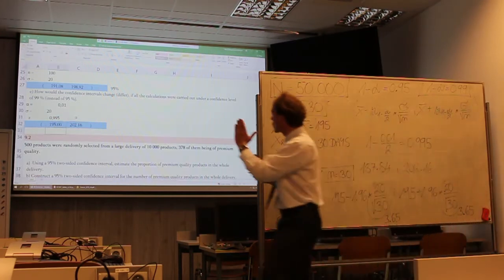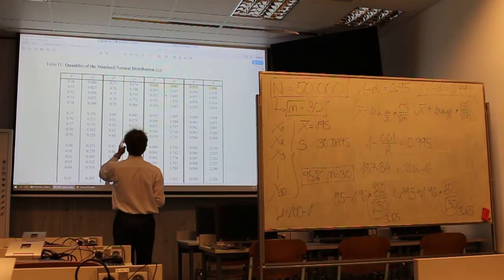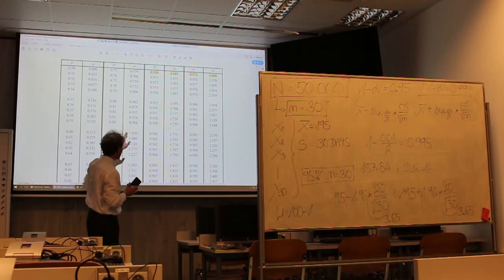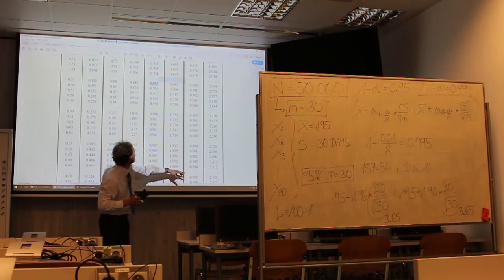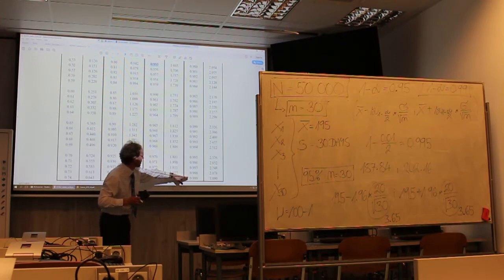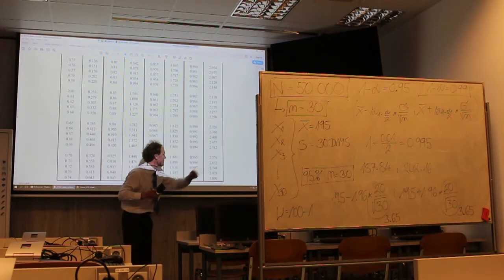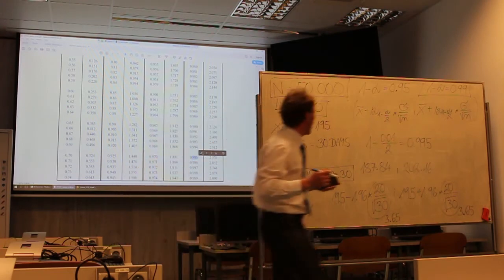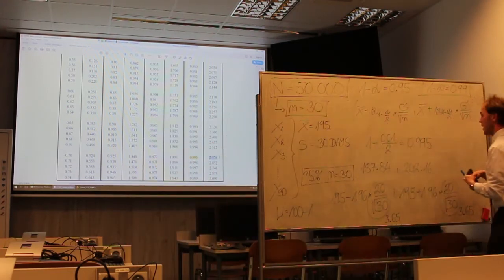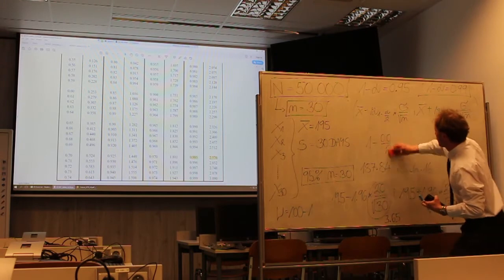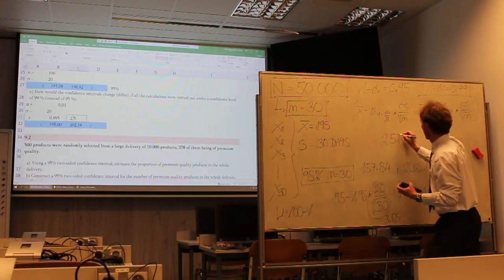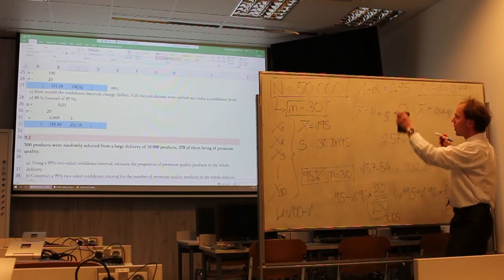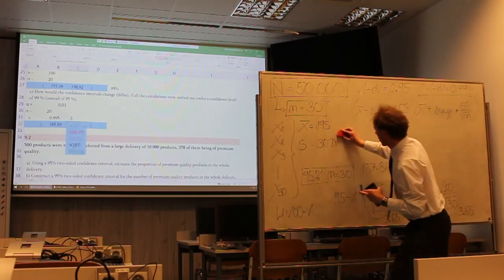So you will check your tables of quantiles of the standard normal distribution at this probability, and you will find that the 99.5% quantile is 2.576.